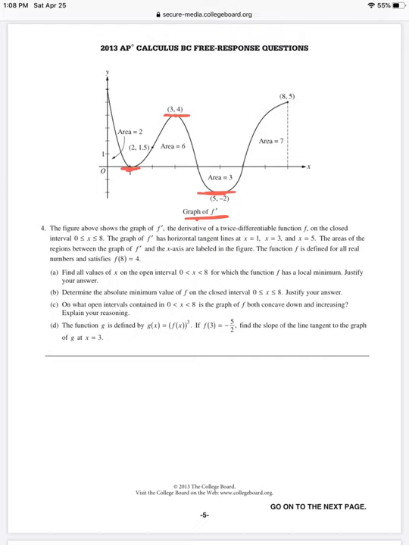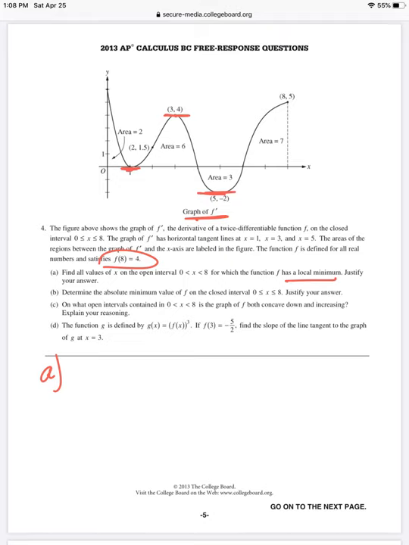The function f is defined for all real numbers and satisfies the initial condition that f of 8 equals 4. So, A. Find all the values of x on the open interval from 0 to 8 for which the function has a local minimum. Justify your answer. Well, how do we find a minimum? You take the derivative and set it equal to 0.